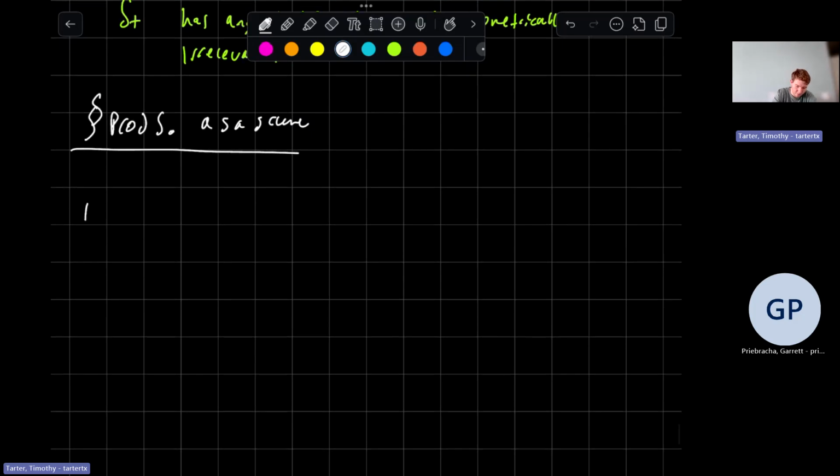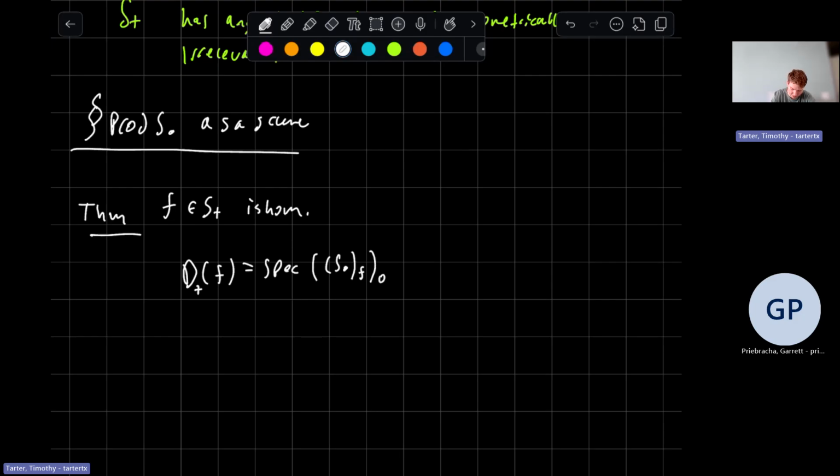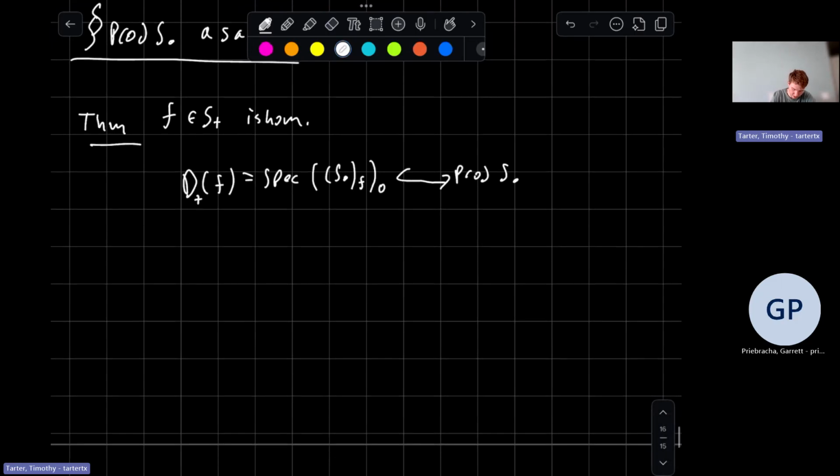So if F in S plus is homogeneous, then the non-vanishing is the Spec of S bullet localized at F, zero graded, to Proj S bullet is an inclusion.